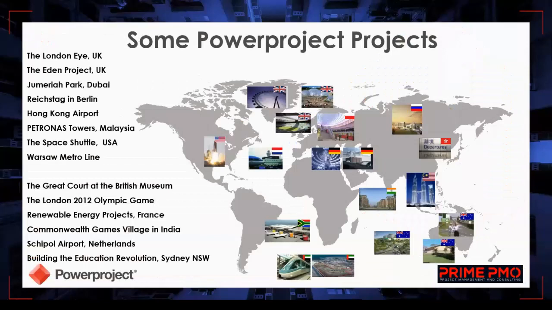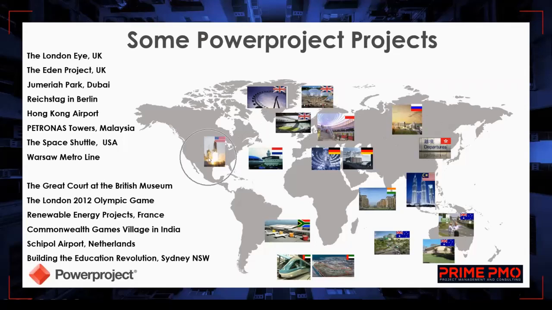Here you can see some of the projects where Powerproject has been used. As I said before, it is mostly used in Europe and the UK, but in many areas Powerproject serves the best solutions to our customers. As you can understand from this chart, Powerproject serves many types of projects.